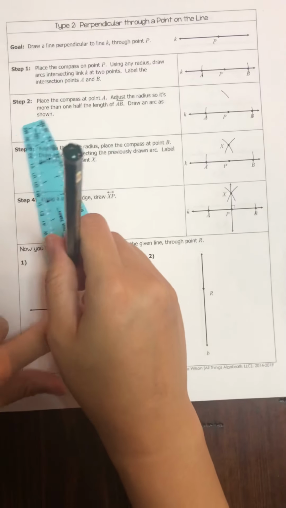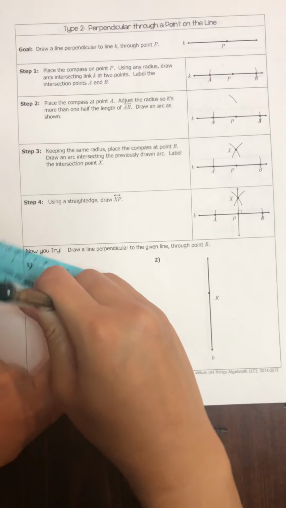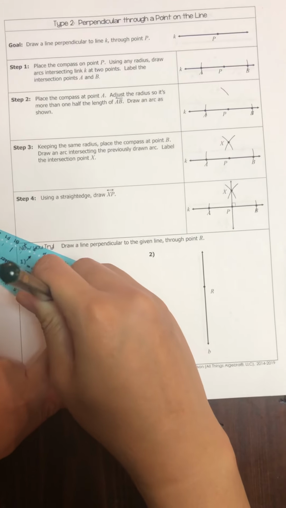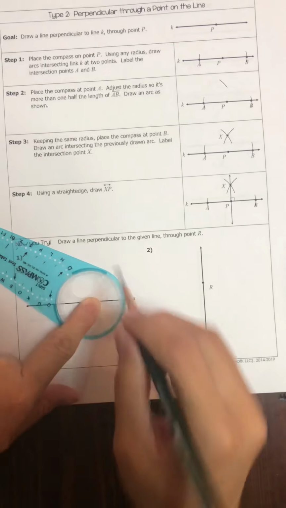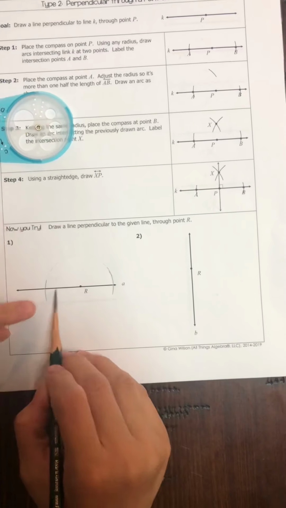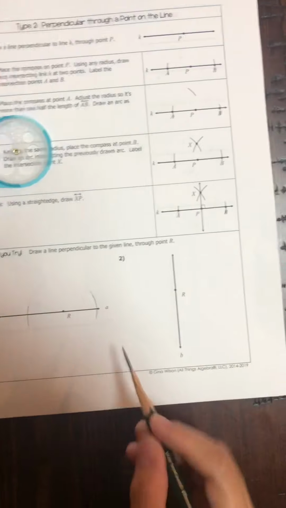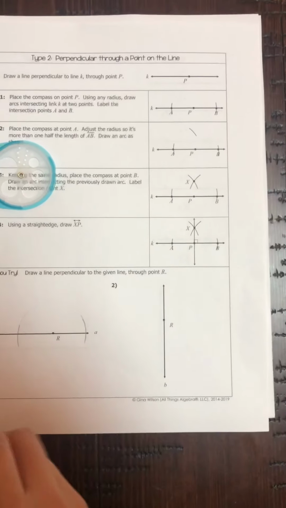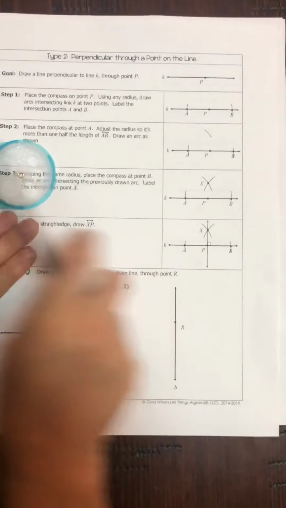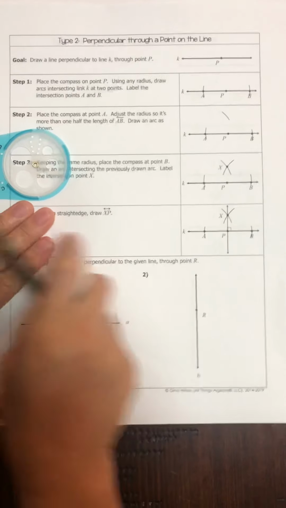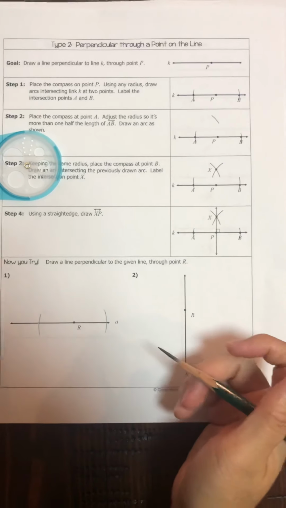I'm going to slowly move to the other side and draw another one. So make sure these two distances are the same. You can draw a complete circle and then erase the top and bottom. Just leave the arc on the line.